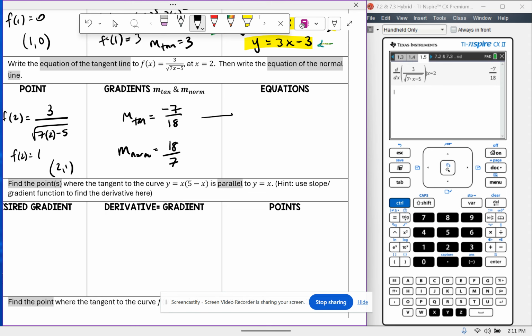Now let's write our equations. If you just do menu 4, 1 and you get the derivative, how do you know what the equation of that line is? Because it just tells you dy/dx. So it doesn't actually tell you the equation, does it? Oh wait, you did it like that.